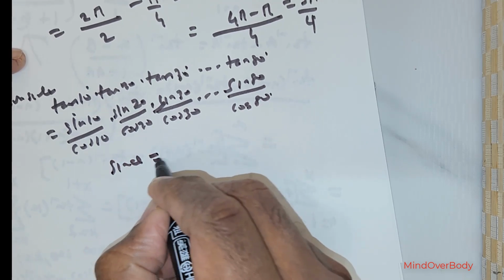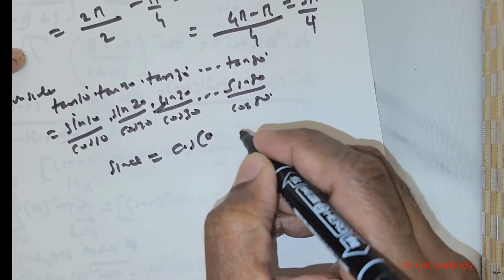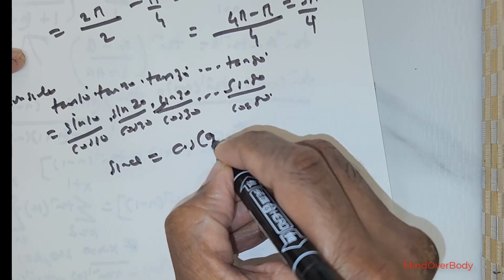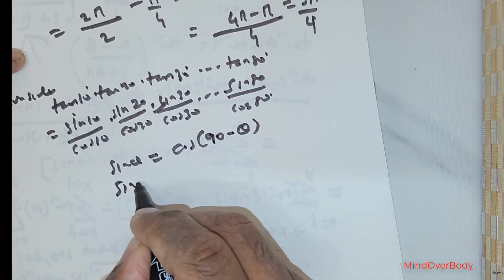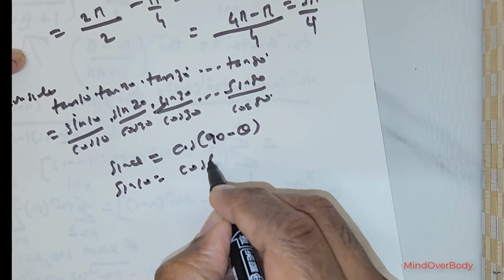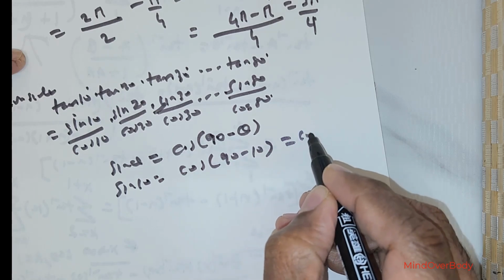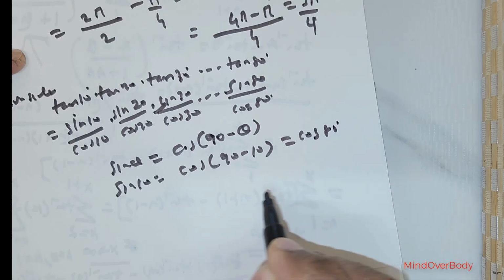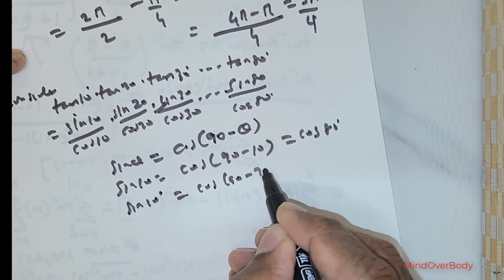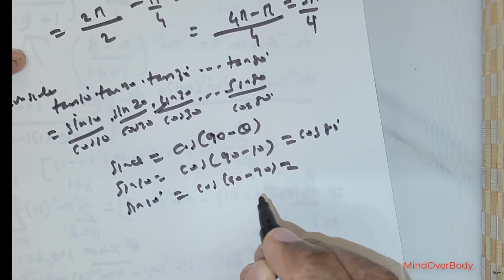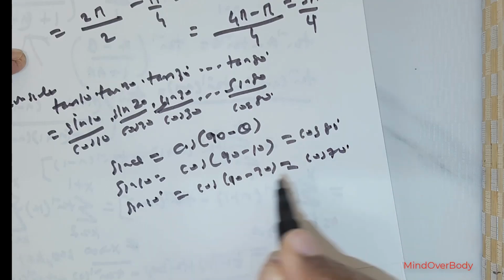Now I have a formula, sine theta is equal to cos of 90 minus theta. So sine 10 is going to be cos of 90 minus 10, that is cos 80, and sine 20 is going to be cos of 90 minus 20, that is cos 70.